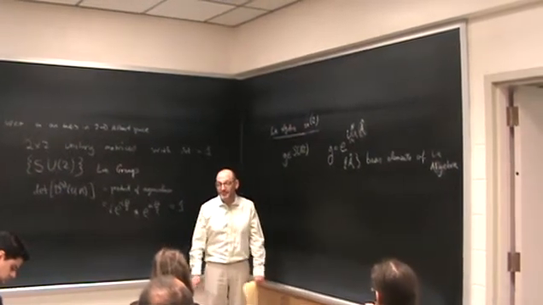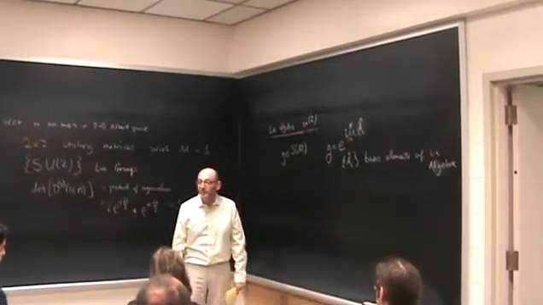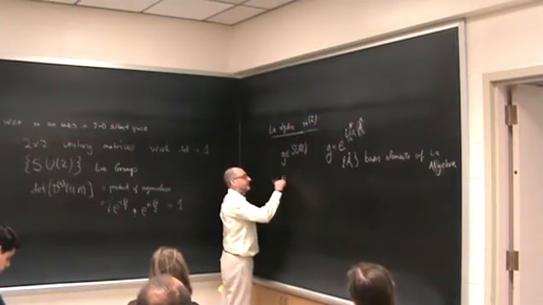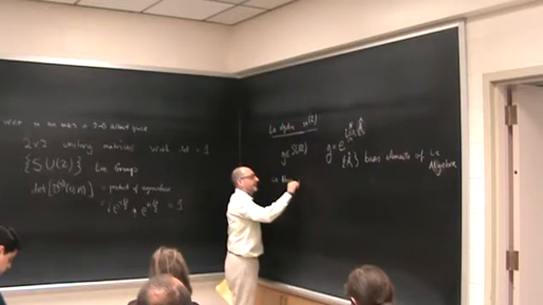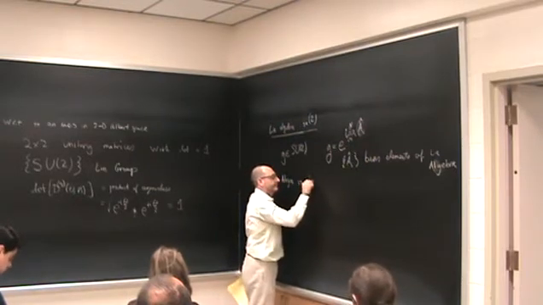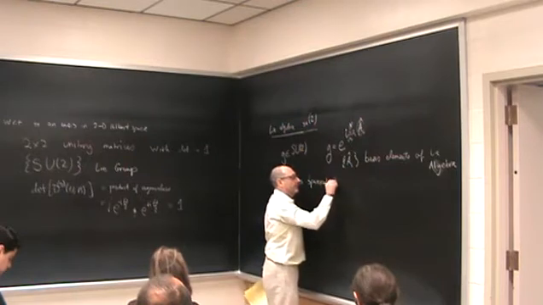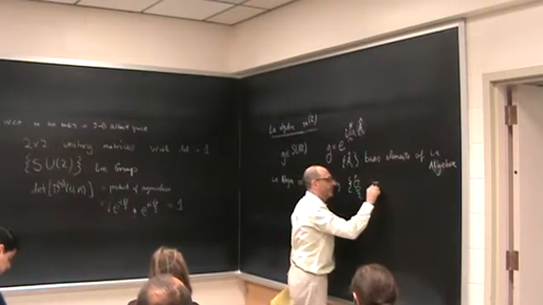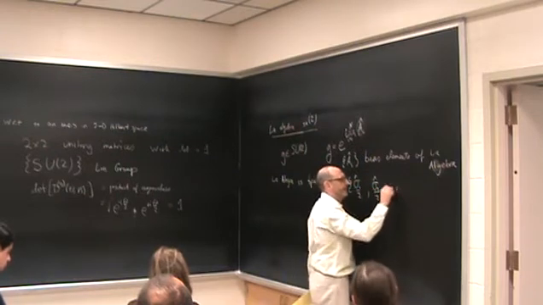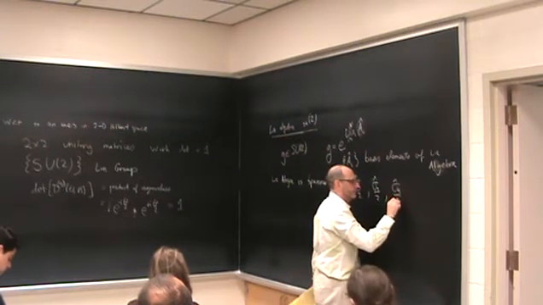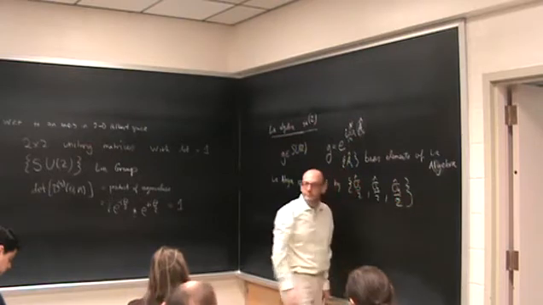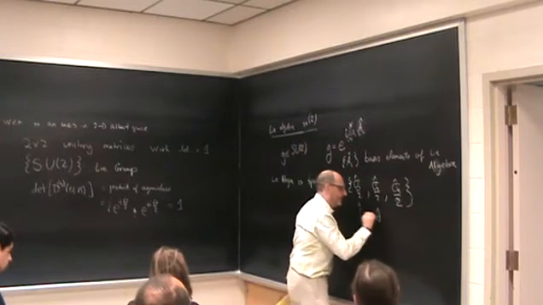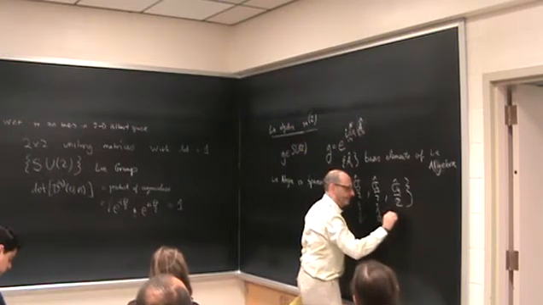The Pauli matrices, right? Or the Pauli matrices over 2. So the Lie algebra here is spanned by sigma 1 over 2, sigma 2 over 2, sigma 3 over 2, which is sigma x, sigma y, and sigma z. This is J1, J2, J3.